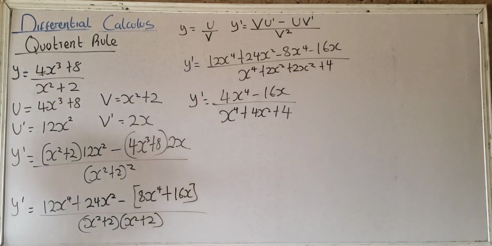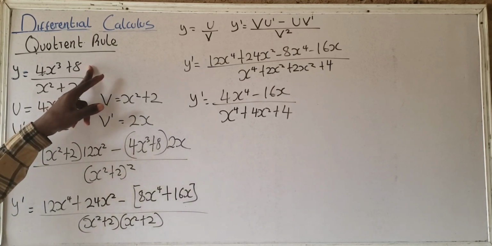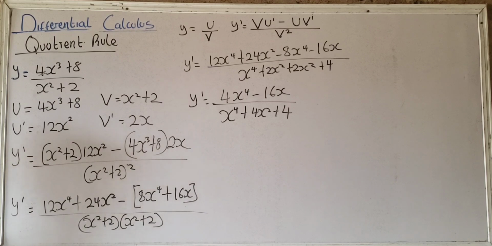Now let us recap the steps. We have to differentiate this function. The first step is that I identify my u and v. U is the numerator and v is the denominator. The numerator of this function is 4x raised to the power of 3 plus 8, so u equals 4x raised to the power of 3 plus 8. The denominator is x squared plus 2, so v equals x squared plus 2.